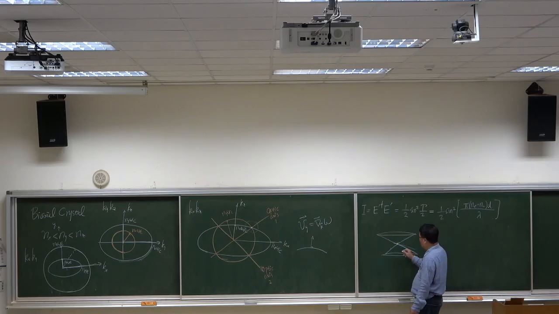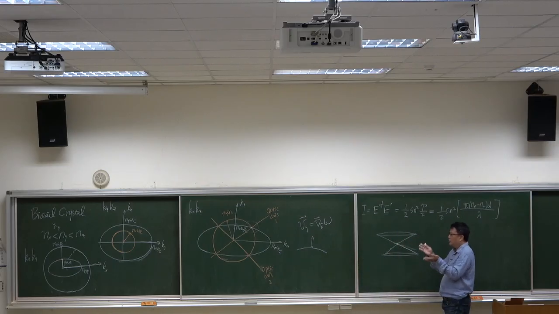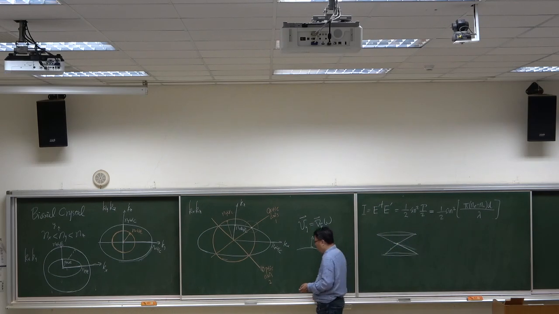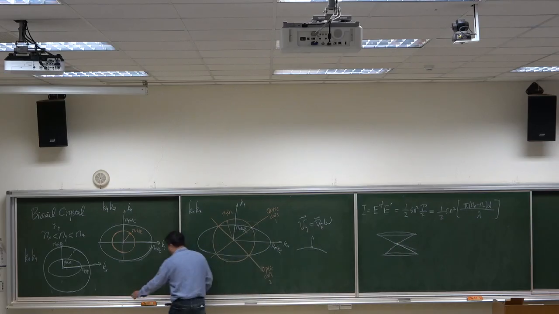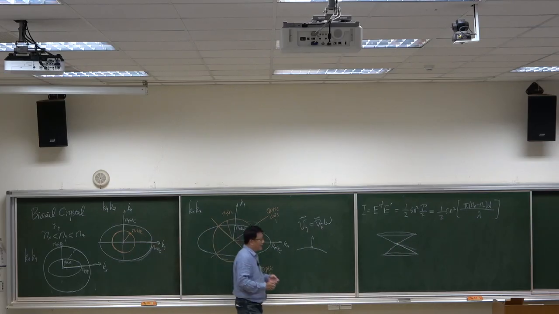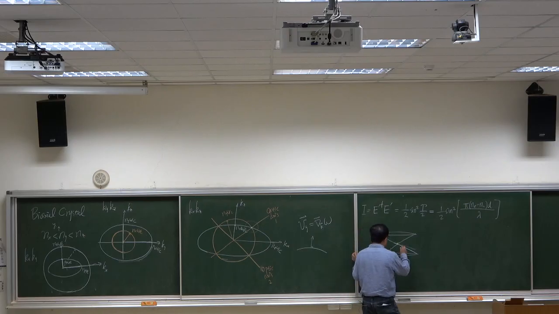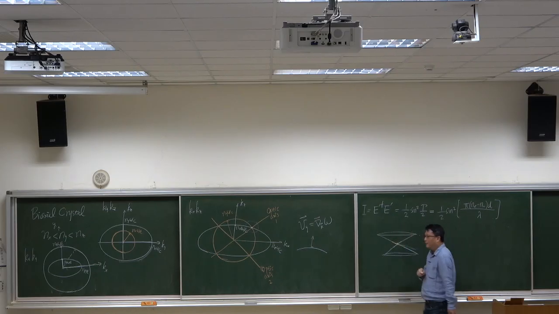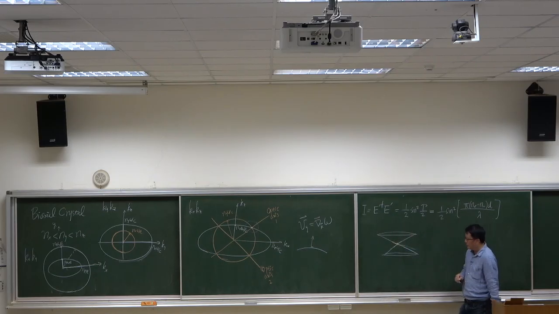So this means that when we send a beam of light and its central K vector is very close to this point, then we in fact encounter the situation that we consider a region very close to this point.